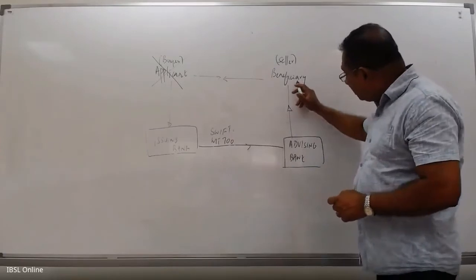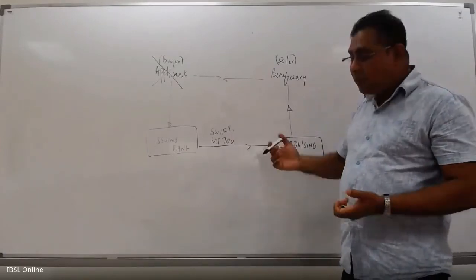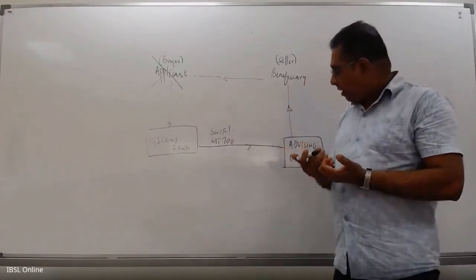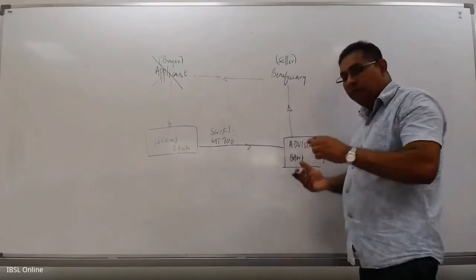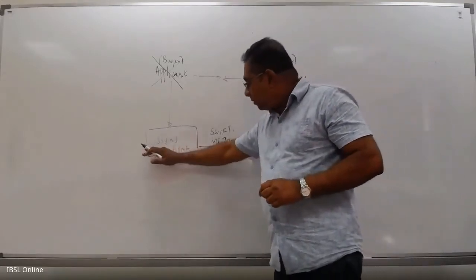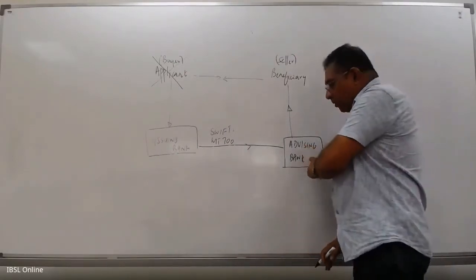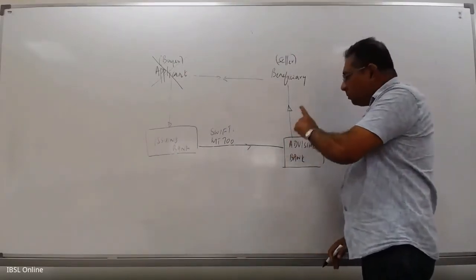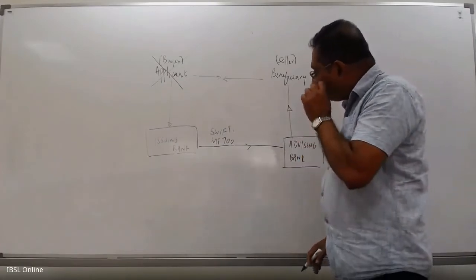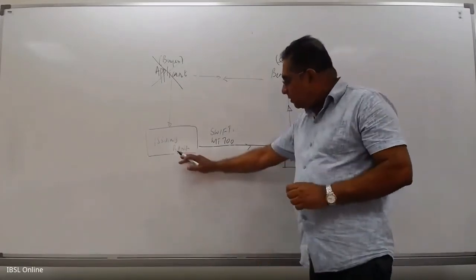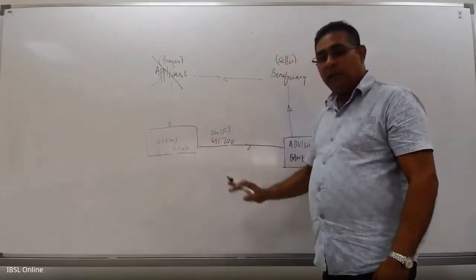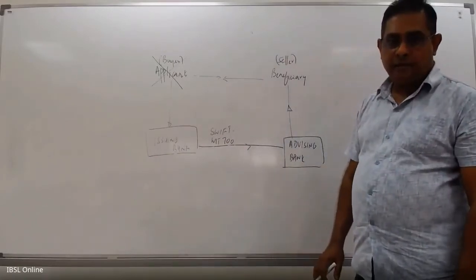The beneficiary is not a bank and is not in the SWIFT alliance. So this advising bank has to typograph the text they have got from the issuing bank. When they typograph, they have to make sure the wording and the conditions are the same as in the MT 700.